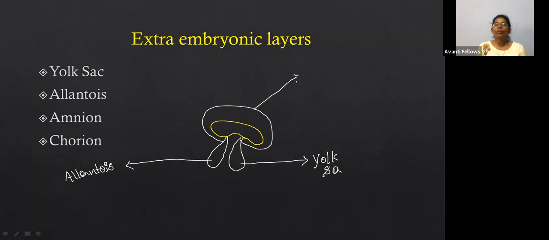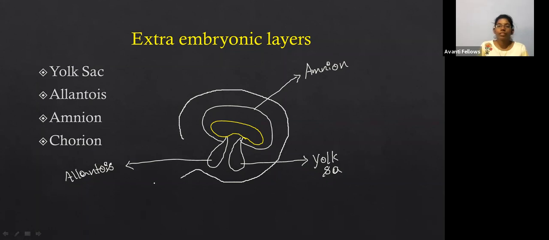Did you hear about the amnion? See, if you heard, just say what you know about the amnion. Okay, I'll explain. And around all this, there is one more large layer called the chorion layer, which is going to produce the chorionic villi.